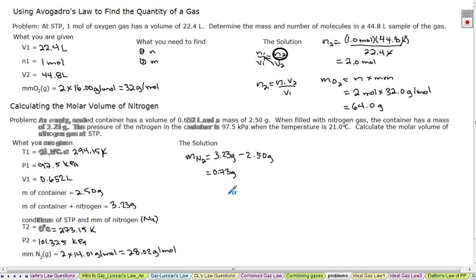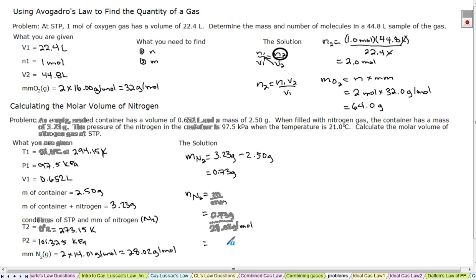Now we can determine the number of moles of nitrogen. And we know that moles is going to be mass divided by molar mass. In this case, it's 0.73 grams divided by 28.02 grams per mole.